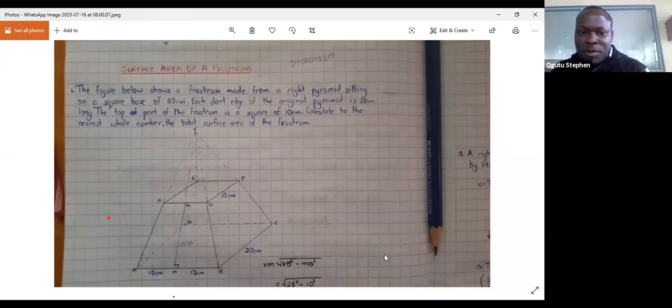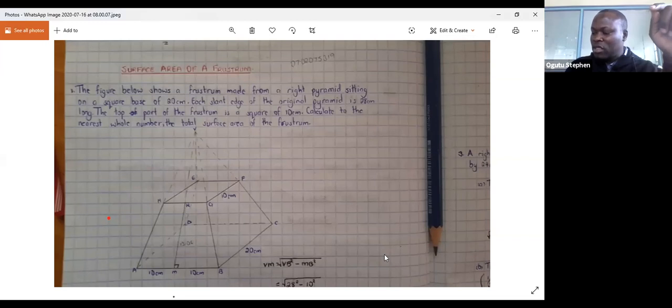Okay, let's proceed. So we want to get the height of this triangle VAB. Na huku tunajua ni 28, VB ni 28 and VA is also 28. Na tunajua AB ni 20. So that means hapa itatoka right height from V to katikati ya A na B, which our friend here has labeled M. It will be 10 centimeters and 10 centimeters.